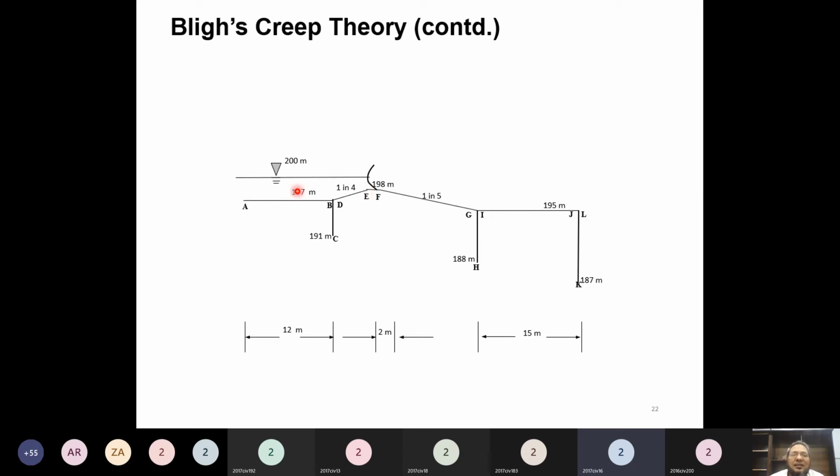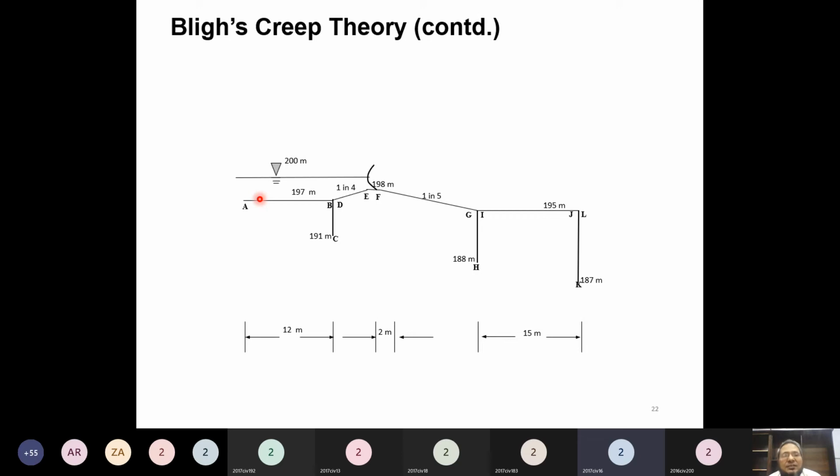The creep length up to point E divided by the total creep length, into the H. Is H given? It is given indirectly. This level is 200, this is 197, so this minus this, 3 meter. 3 meter is given, right? So what does that mean? I can find the head loss at point E.